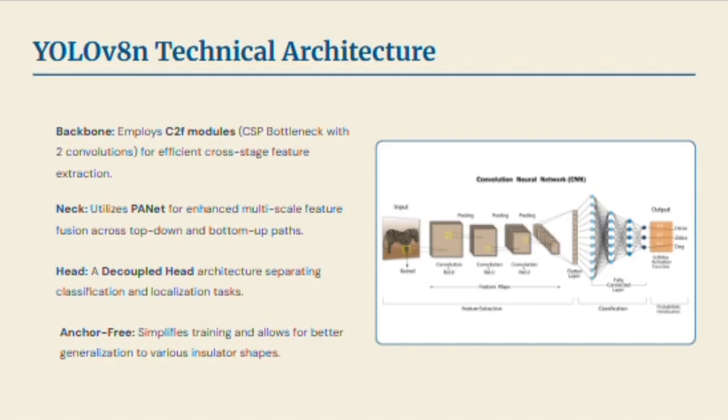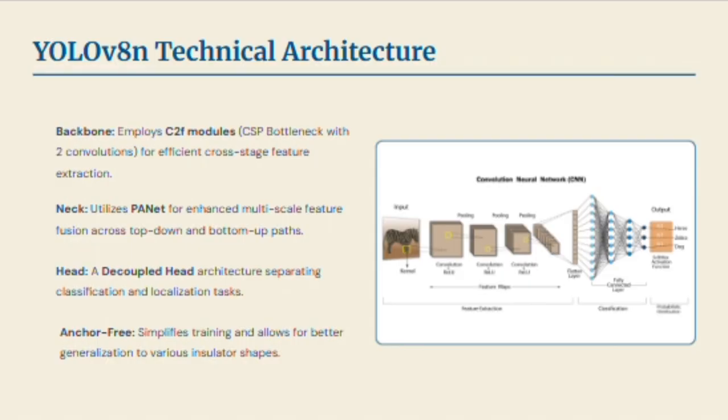This allows the model to preserve both detailed spatial information and high-level semantic information. As a result, the model becomes better at detecting objects of different sizes, especially small objects that are usually difficult to identify. The neck essentially acts like the brain, integrating all the extracted information and enhancing it before passing it to the final stage.